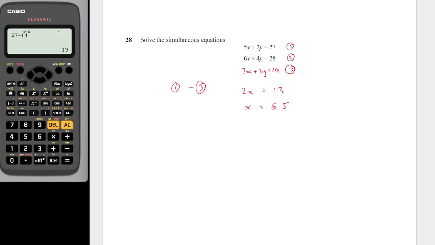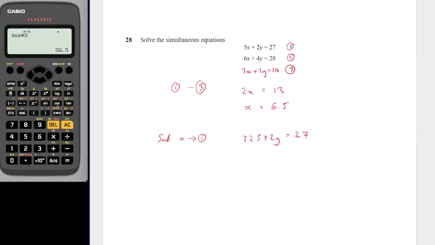From there, I'm going to substitute my value for x into one of my first equations. I could use my third equation because it's a simpler version, but I'll stick with one of my initial equations. So I'm going to substitute x into equation 1. 5 lots of x is 65 over 2, or 32.5. 32.5 plus 2y is equal to 27.